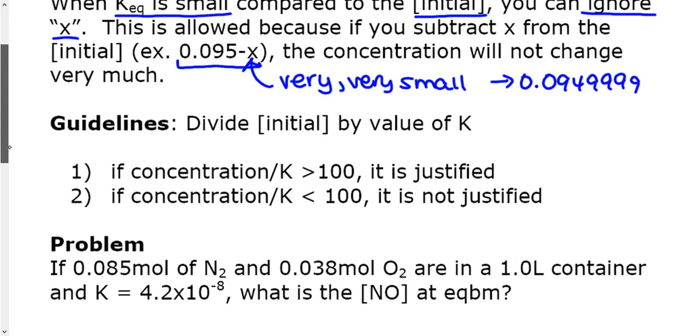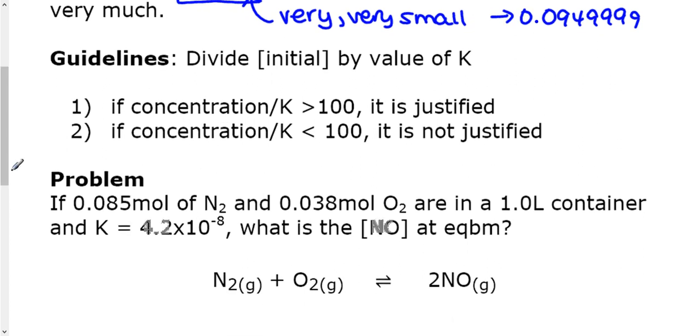There are a couple of different rules you can follow. The one in your book's a little bit different, but this one I find works the easiest. If you take your starting concentration and divide it by your K value, your KEQ, if that number comes out to be greater than 100, you can use this approximation method, or we say it's justified.